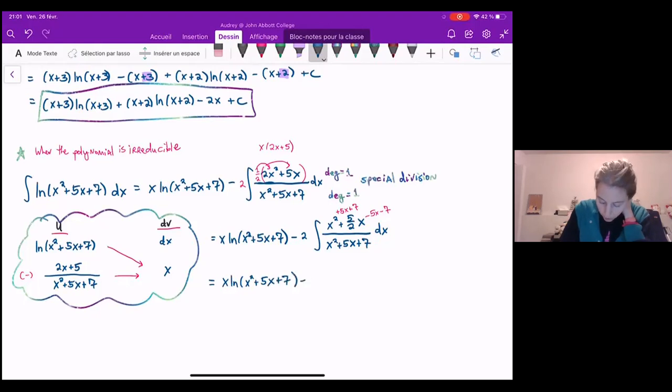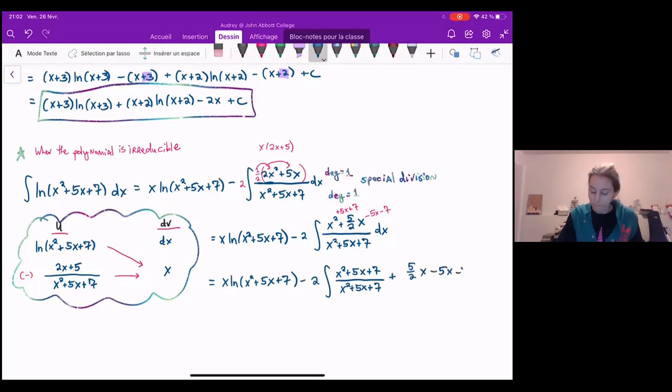So we have minus 2, the integral, x squared plus 5x plus 7 over x squared plus 5x plus 7, then plus 5 over 2x minus 5x minus 7 over x squared plus 5x plus 7. All right. So now we've applied our special division and we have two different integrals here.